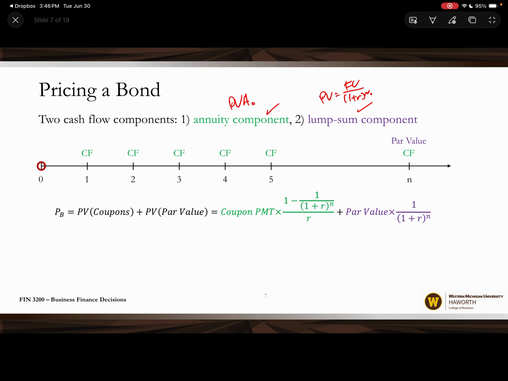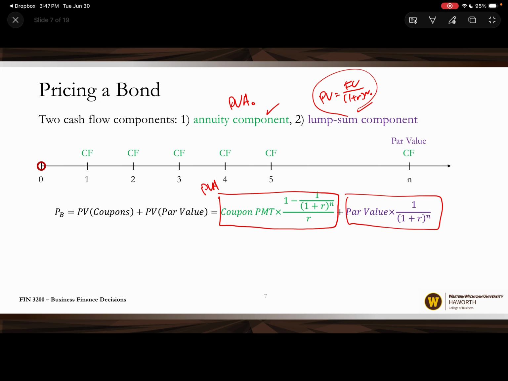This part is just your PVA formula, and this is the PV formula, right? They're identical. We're just calling the future value par value, and so on. So that's the formula, but you have to adjust the components slightly.